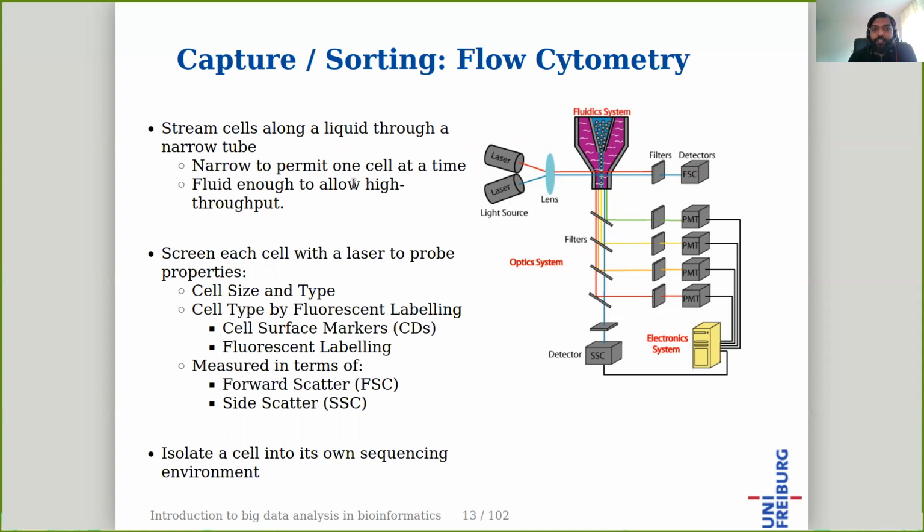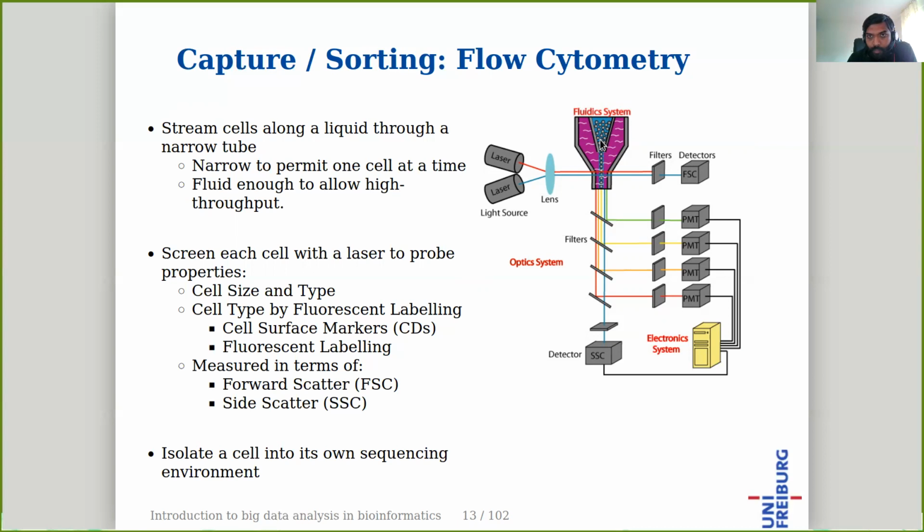All the cells, which are broken down from a tissue, are put into a saline liquid, and then this liquid passes through a really narrow tube, which permits only one cell at a time, but is also fluid enough to allow high throughput. The cells quickly pass through this narrow tube, and they are collected at the end and isolated in different environments in a plate, and then they are prepared for sequencing.